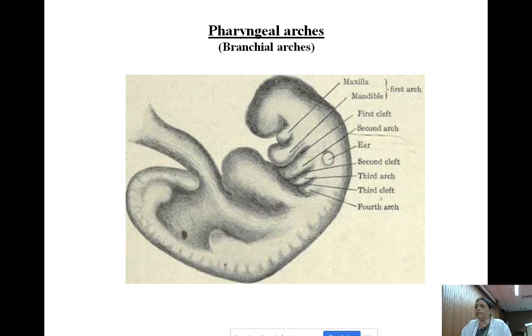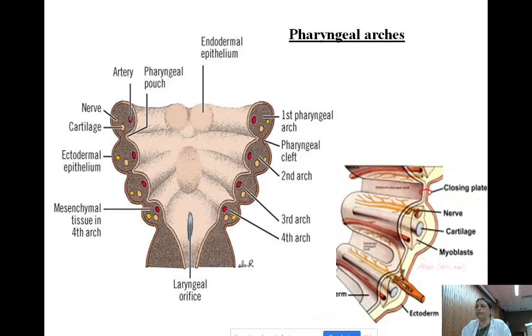If we see it from the posterior aspect, we can see the interior of the pharynx, and on the anterior aspect the mesodermal bars are present. These mesodermal bars are known as the pharyngeal arches. From these mesodermal bars, the muscles, cartilage and bones are developed.